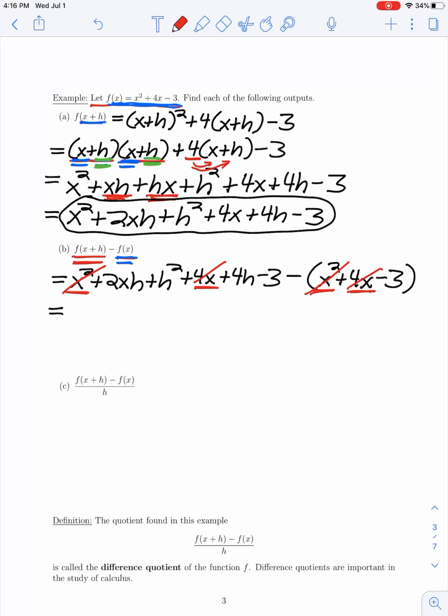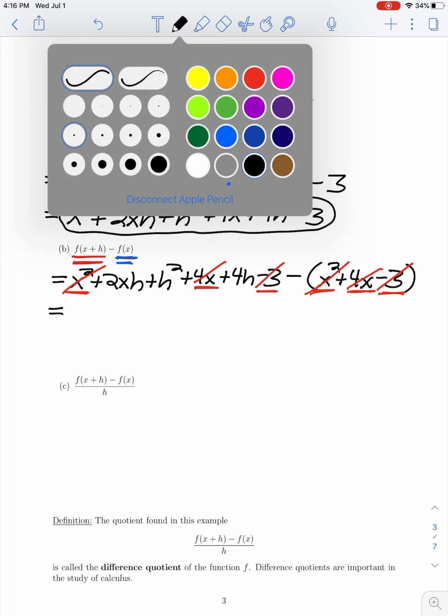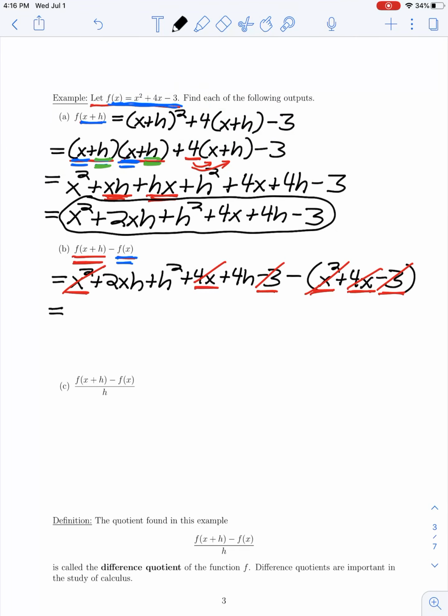So that plus minus 4x will cancel. And lastly, I had a negative 3, and then I'm subtracting a negative 3, or equivalently adding 3. So the plus minus 3 will cancel. And so let's look at the terms that we're left with. We have 2xh plus h squared plus 4h.